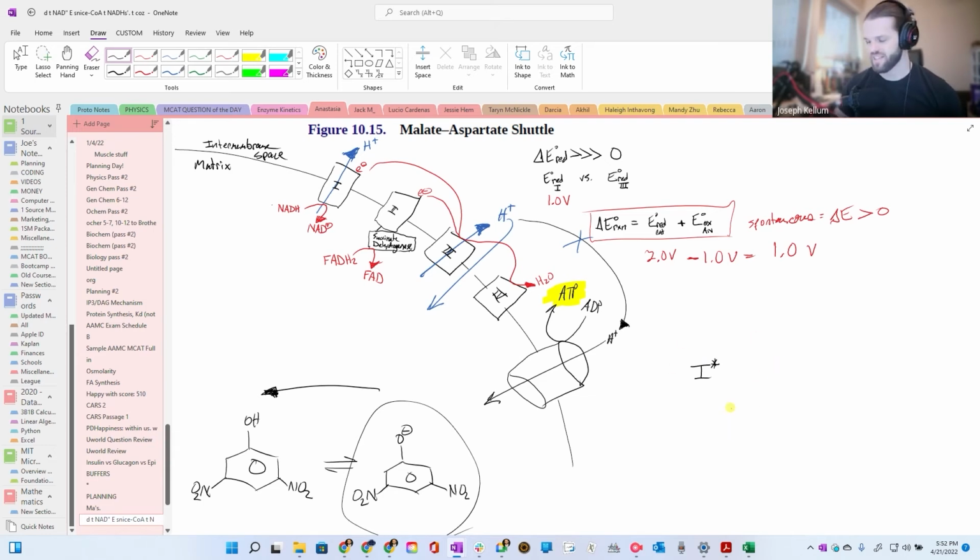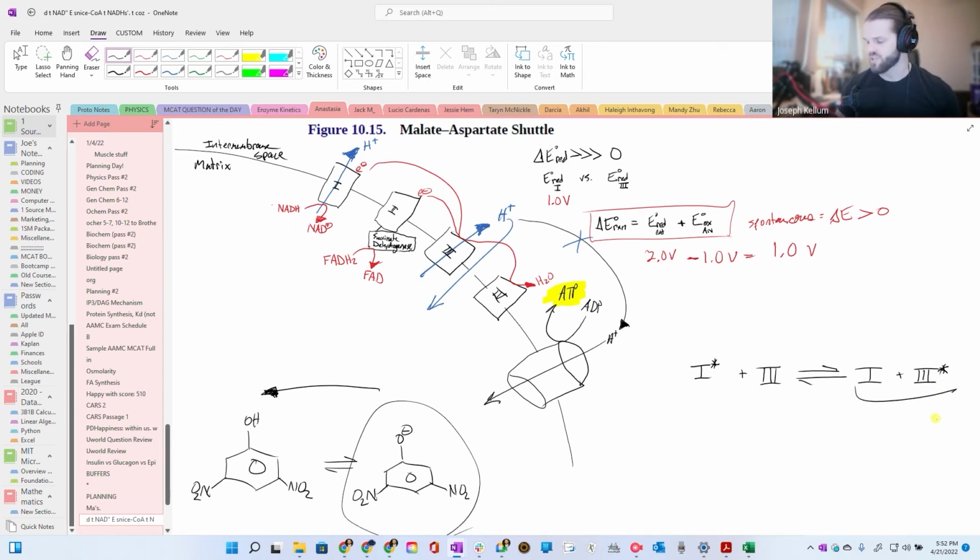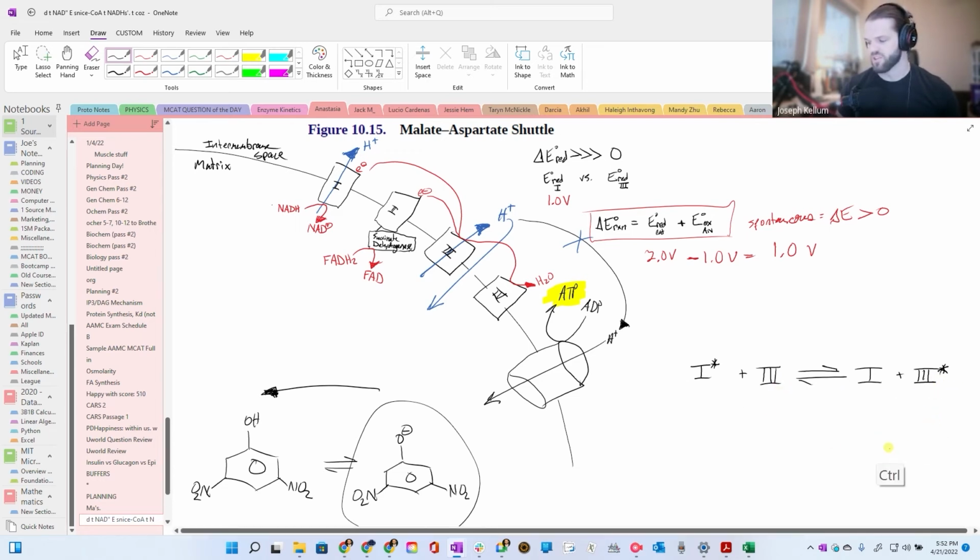So you've got complex 1 reduced plus complex 3 not reduced. Is that going to be at an equilibrium with complex 1 oxidized plus complex 3, which is now reduced? So I just moved the electrons over from 1 to 3. Over here the electrons are on 3, over here the electrons are on 1. This is just the reaction of transferring electrons from 1 to 3.